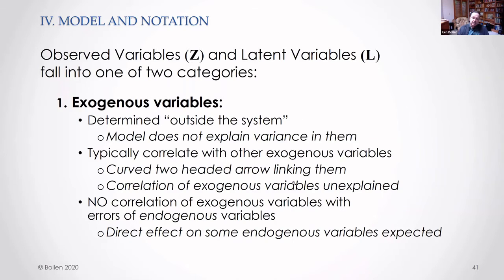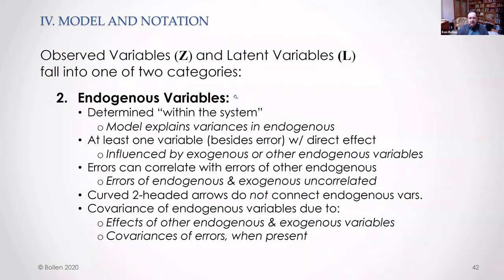We also assume that if we look at the error terms of the endogenous variables, which I'll be defining in a moment, those omitted variables that are explaining these endogenous variables are uncorrelated with the exogenous variables.